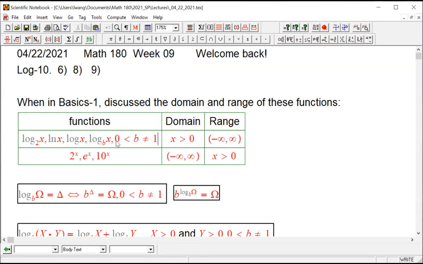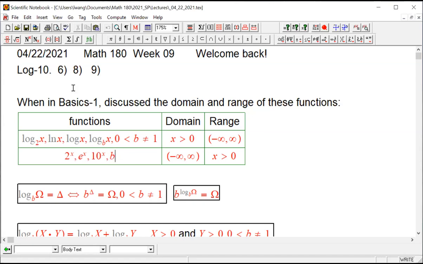So b is positive, not equal to 1. So the domain is still x greater than 0, log base b, okay? And the range is still from negative infinity to positive infinity. But this is referring to any base satisfying this condition. You follow me?